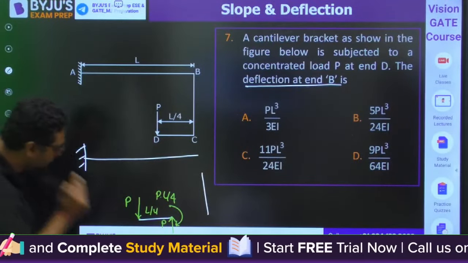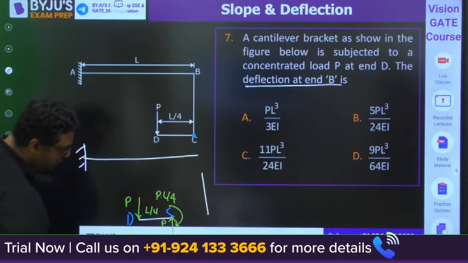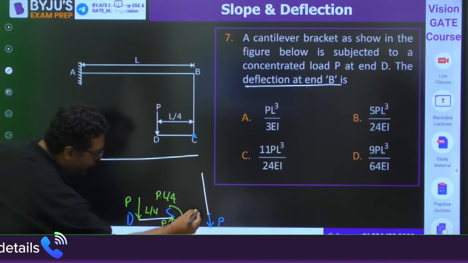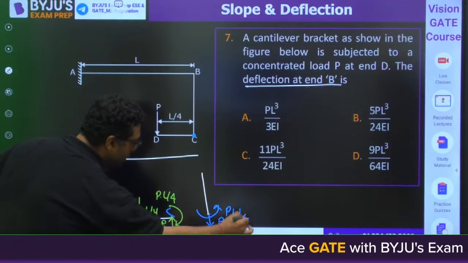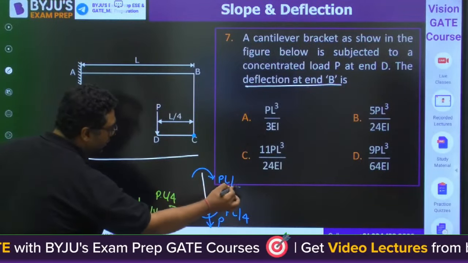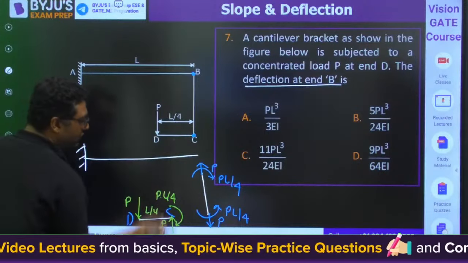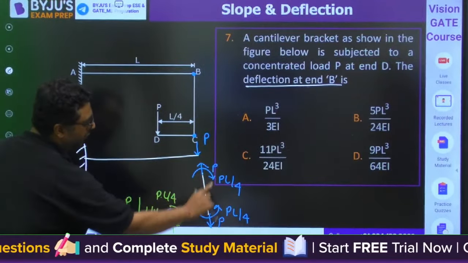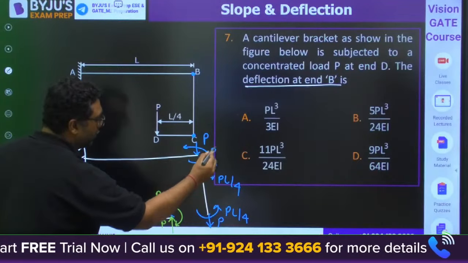Now, this is the DC part. At C, net force is 0. So we must have a downward force. And this couple is clockwise, so we must have an anti-clockwise couple here to balance this. And at B there is no net force. So we will be having a downward P, anti-clockwise PL by 4.